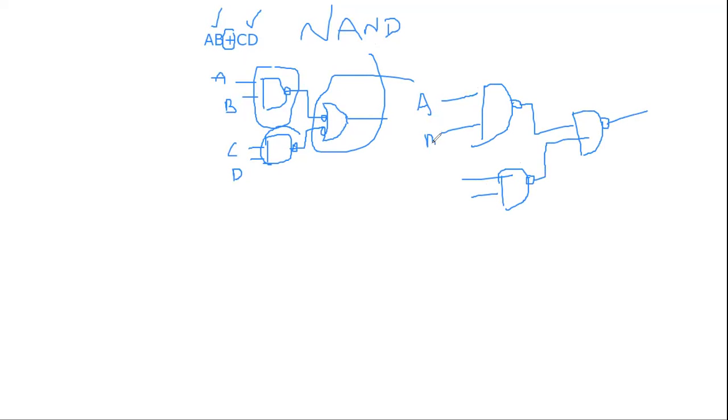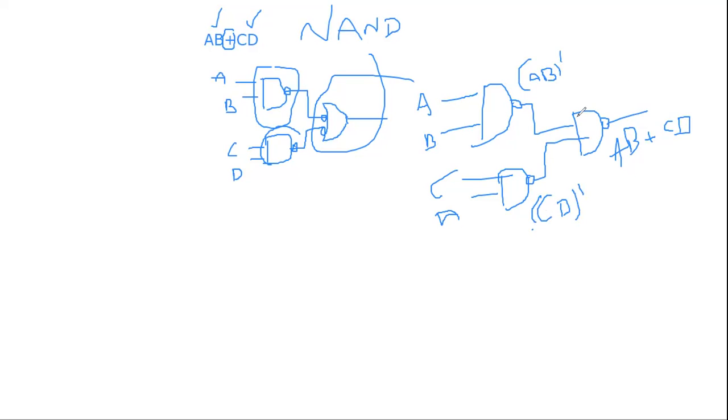AB, CD. This one AB plus CD. You can check using here also. What is this one? NAND. So AB whole bar. This one CD whole bar.